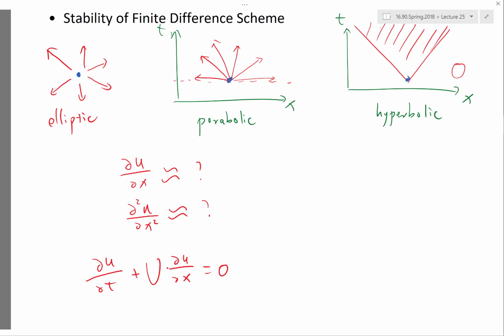If you do downwinding, which doesn't make any sense physically because the information propagates from the wrong direction, then the numerical manifestation of that is the eigenvalues shifting towards the positive side, and you are not going to get a stable solution even if you can solve the resulting ODE analytically.